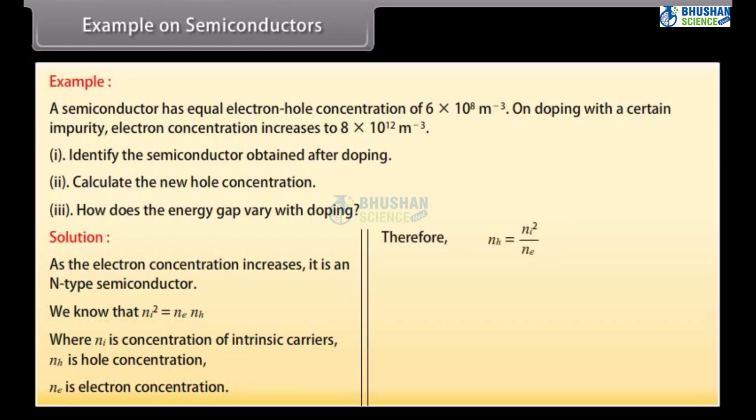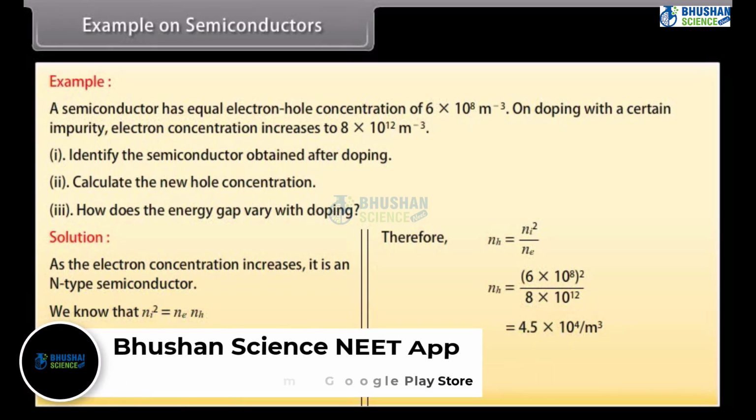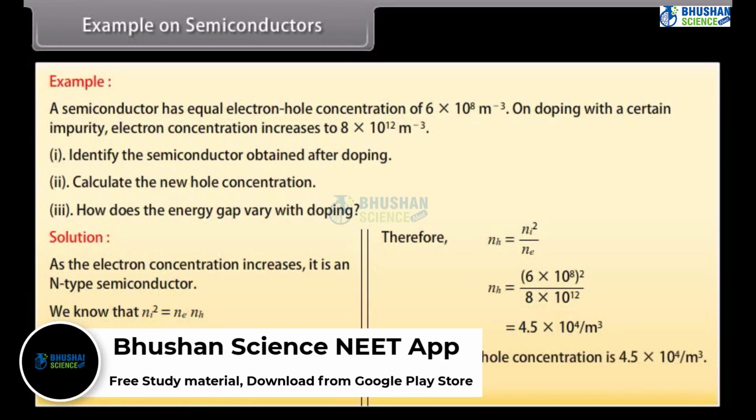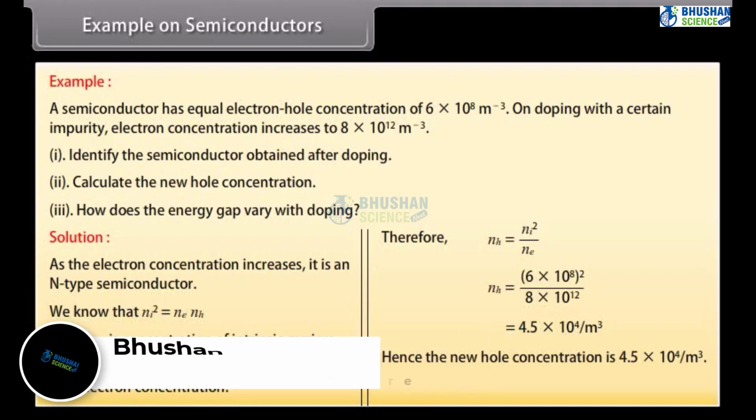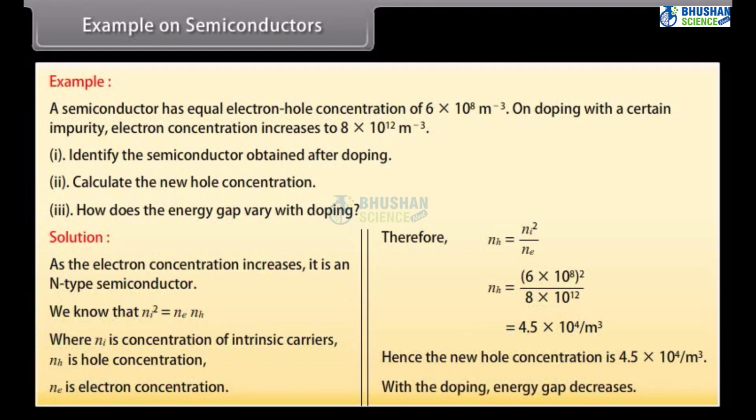Therefore, Nh = Ni²/Ne. On putting the values, we get Nh = 4.5 × 10^4 per meter cube. Hence, the new hole concentration is 4.5 × 10^4 per meter cube. With the doping, energy gap decreases.